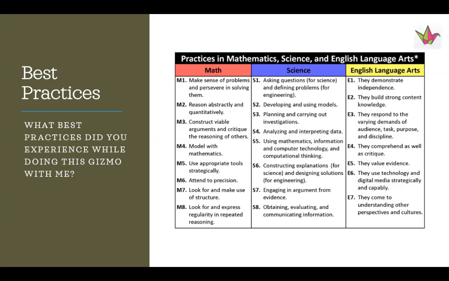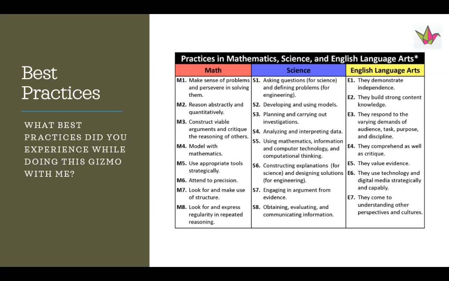Notice how that's considered an ELA skill, demonstrating independent practice, which is excellent. Some other things we absolutely did, S2, S3, S4. So in the Padlet, you can write S2, S3, the different numbers. Okay, so think about some of the different practices.